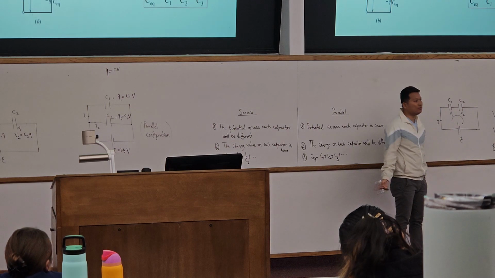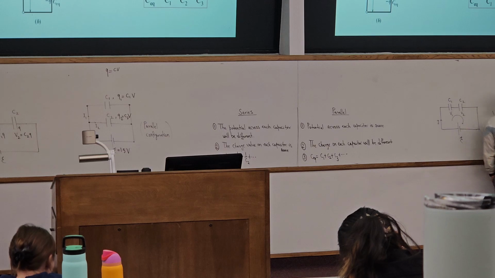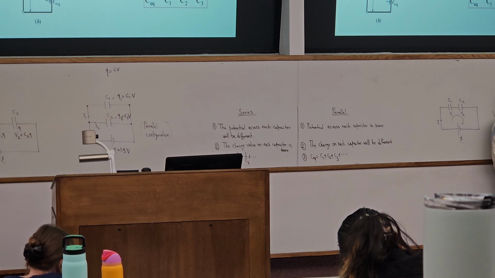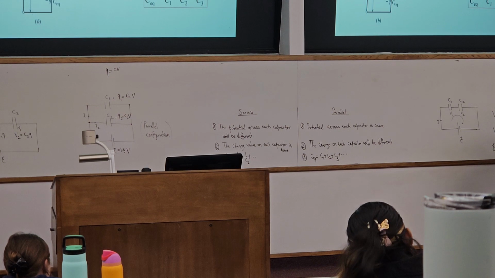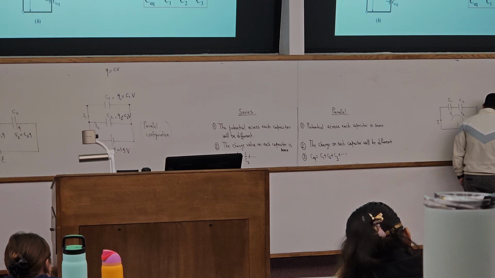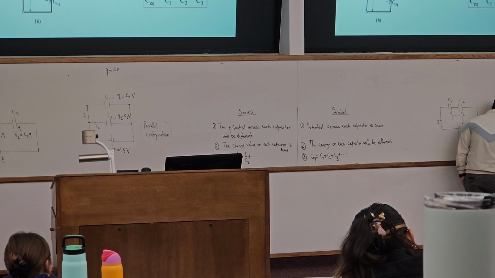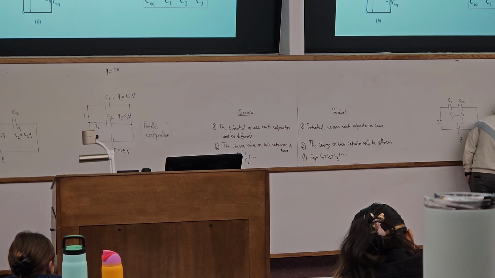There is no way that you lose potential over here. It should be the same. I think we're going to talk about Ohm's law later on, but let me do it a different way. So E equals V1 plus V2, just put the value of Q over C1 plus Q over C2. Q is common.